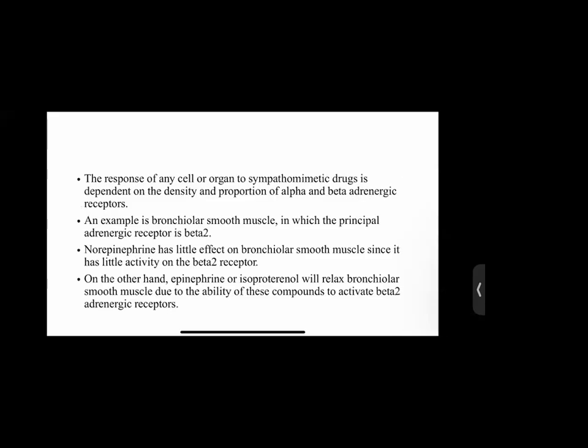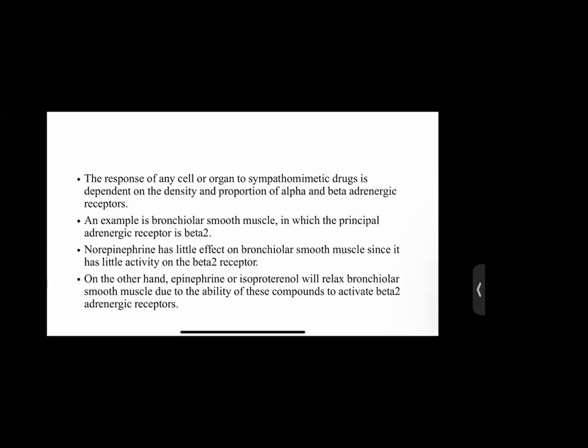So the response to this sympathomimetic often can be predicted on the basis of knowledge of the selectivity of the agent for reacting with a specific alpha or beta receptor, and the physiological response governed by these adrenergic receptors in specific cells or tissues or organs. So the response of any cell or organ to a sympathomimetic drug is still dependent on the density and proportion of those receptors, that is the alpha or beta receptors.